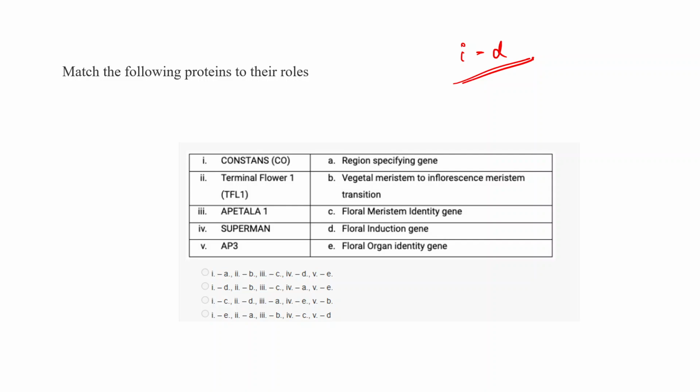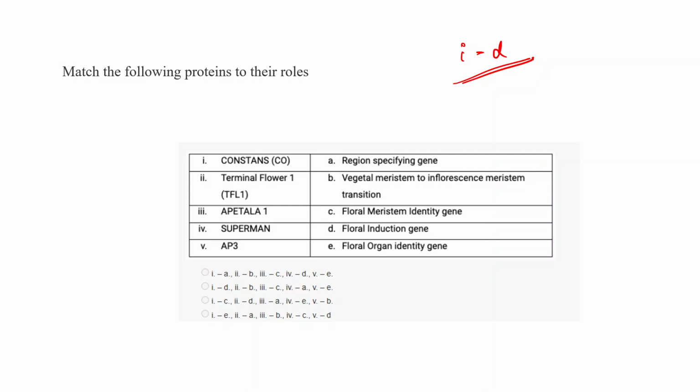Then what is the third one? Third one is Apetala 1. So what should be the answer for Apetala 1? Basically, it is a floral meristem identity gene. Apetala 1 is a floral meristem identity gene. It is involved in early flower development and specifying the floral meristem identity of a plant.